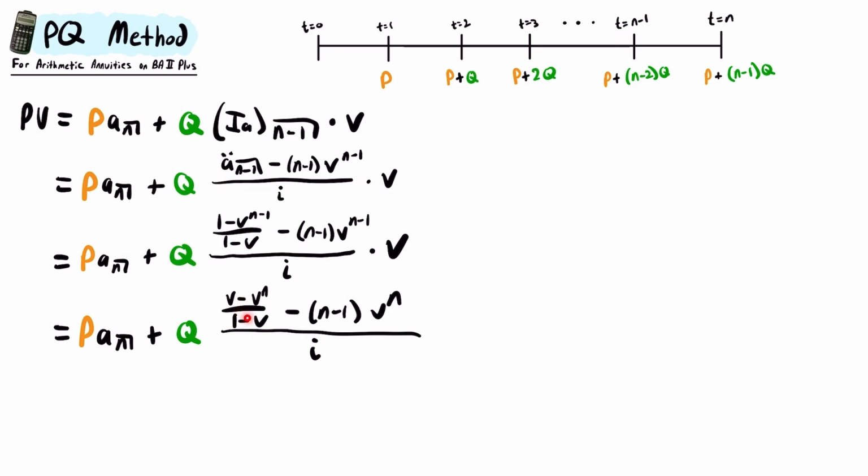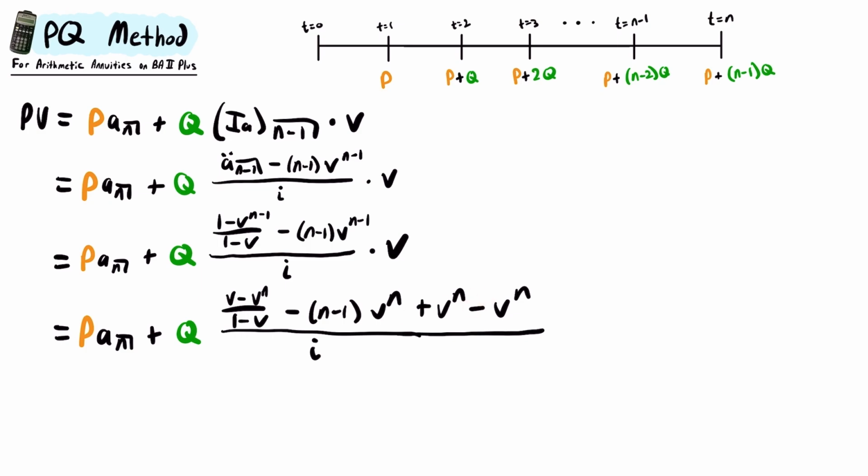But to help us simplify this numerator into a form that is desirable, to help us find a quicker method for calculating these annuities in the BA2 Plus calculator, what I'm going to do is use a little nifty trick of adding a form of 0. And this is going to seem weird at first, but I'm going to add v to the power of n and subtract v to the power of n right here in the numerator.